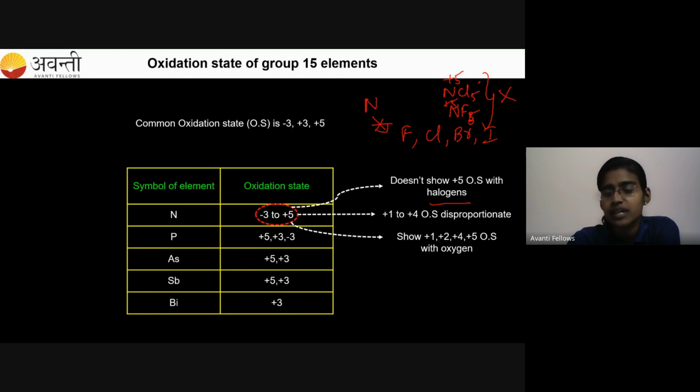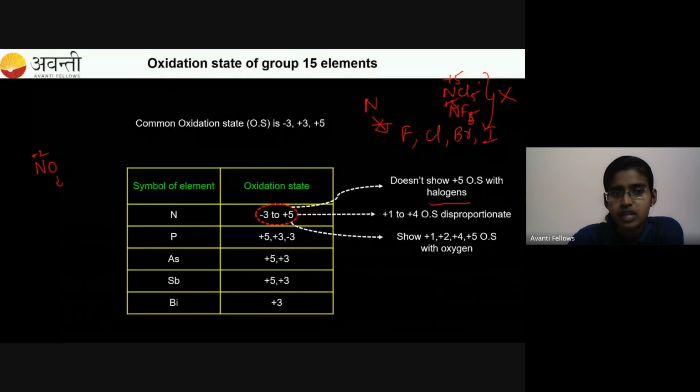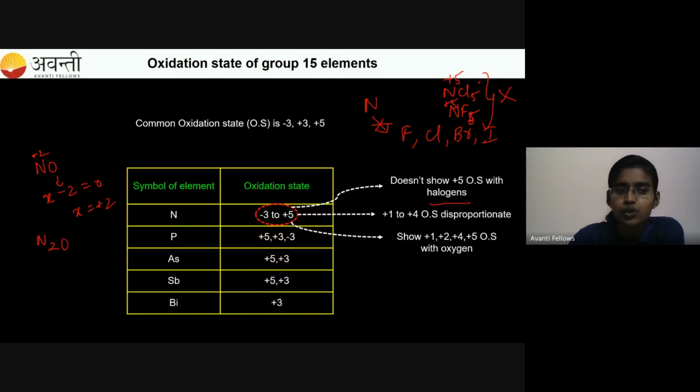In case of NO, the oxidation state of nitrogen is +2, right? Because oxygen is -2. If I take nitrogen as x, you will get +2. And then N2O. In N2O, 2x minus 2 is equal to 0, and x is equal to +1.